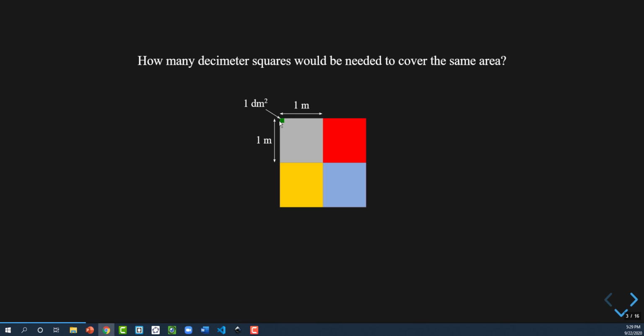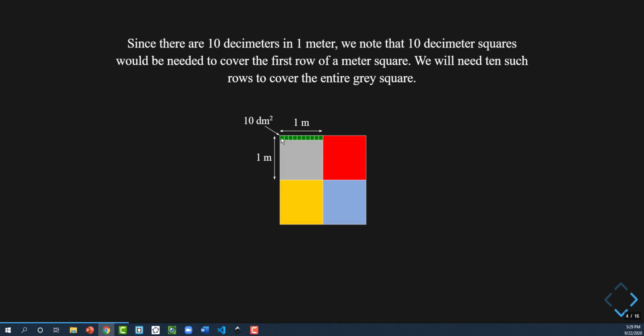So how many green squares does it take to cover the gray square? I think you can see it pretty easily. It'll take 10 to make one row because the width of this square is 1/10 of a meter. So 10 little green decimeter squares will cover the first row. And how many such rows will I need to cover the entire gray square meter?